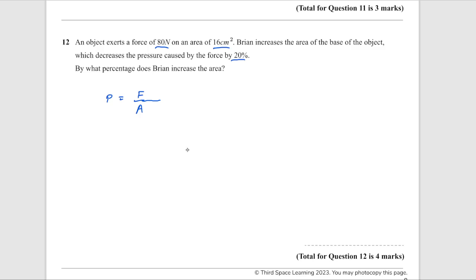So in effect, we want to reduce this side by 0.8. Let's just see whether this works, and I might give up this method in a second. Pressure is equal to the force divided by the area times x.